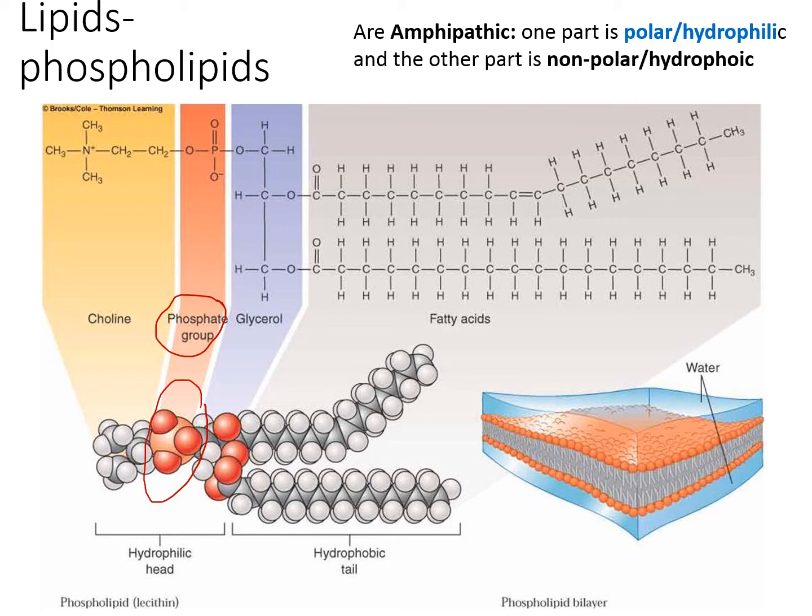So a phosphate group, we can see right there, is negatively charged. So we can think of this whole molecule as having a negatively charged head. It says it down there: hydrophilic head, and it's hydrophilic because of that negative charge.